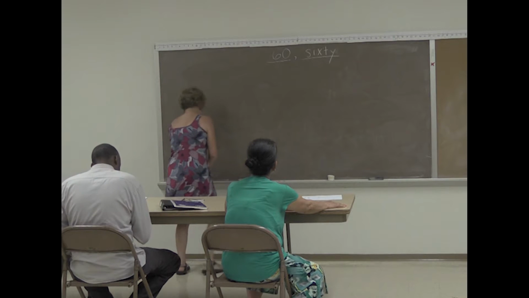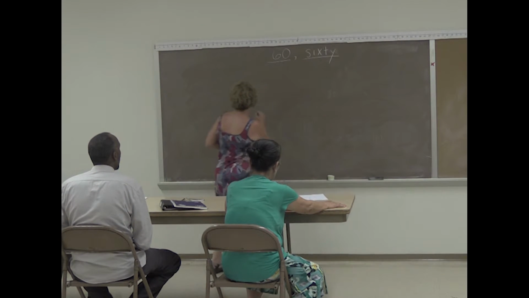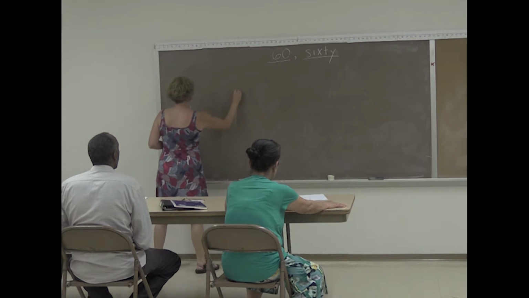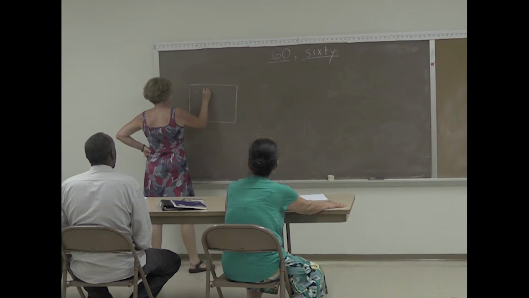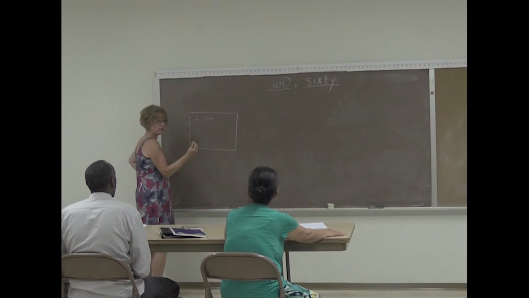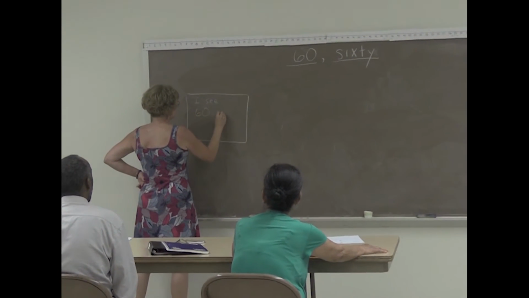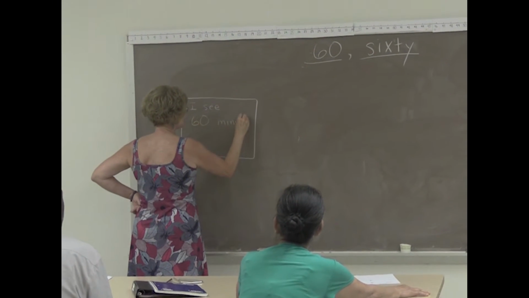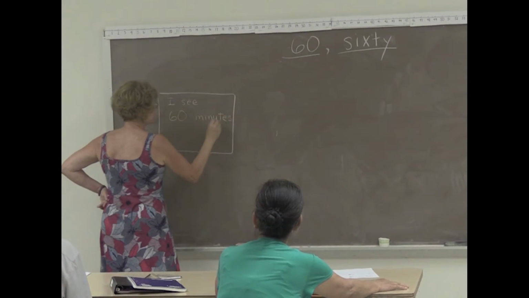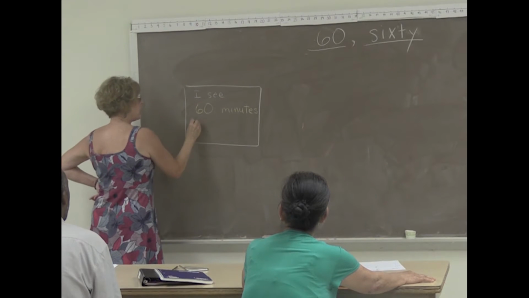So on your paper, you have, I see, it's on the left over here, okay? And it starts by saying I see, right? And you will finish with your pencil and say I see 60 minutes in 1 hour.